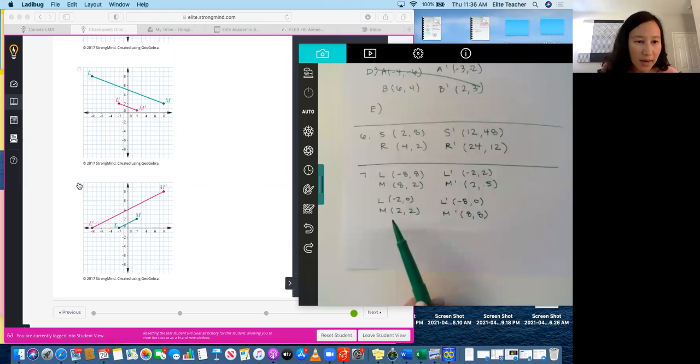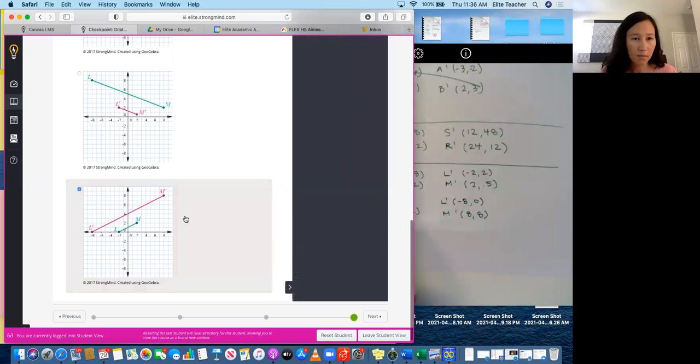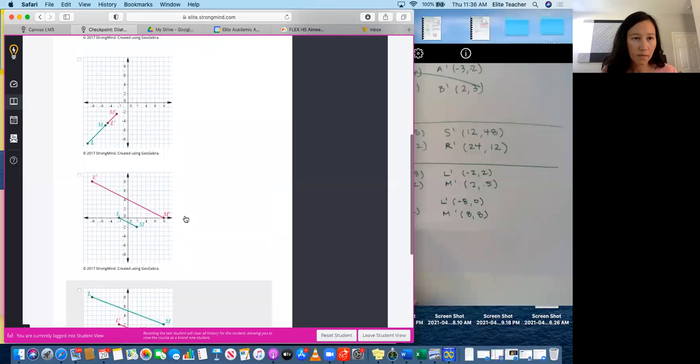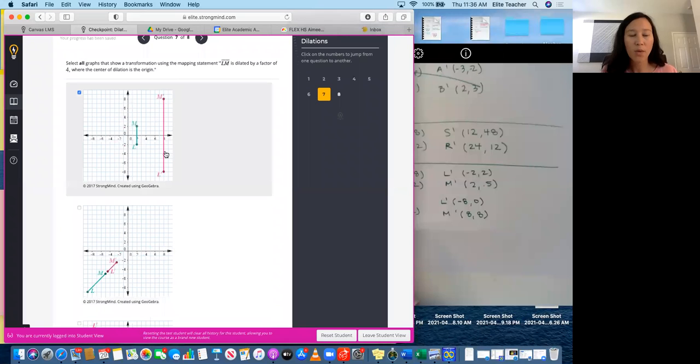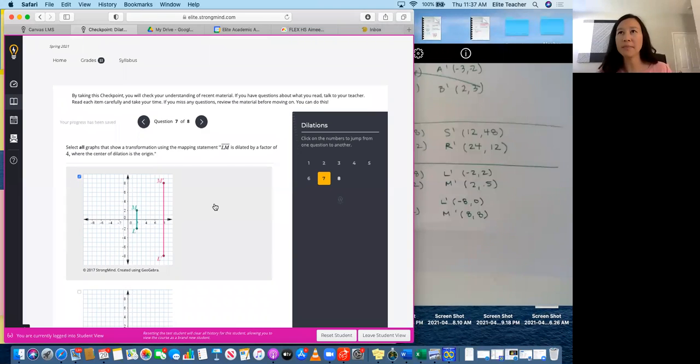So it's this one, where the points are negative 2, 0, 2, 2, and then negative 8, 0, and 8, 8. It's this one. And then the one with the 2 vertical lines. Okay, any questions on number 7?